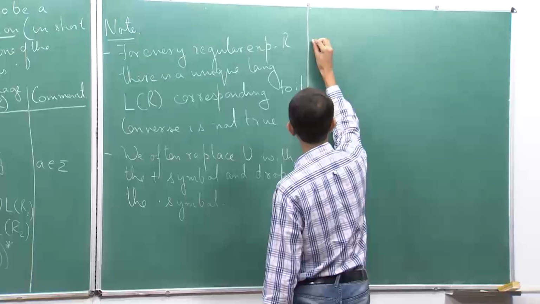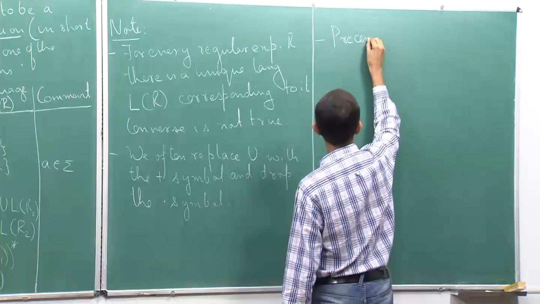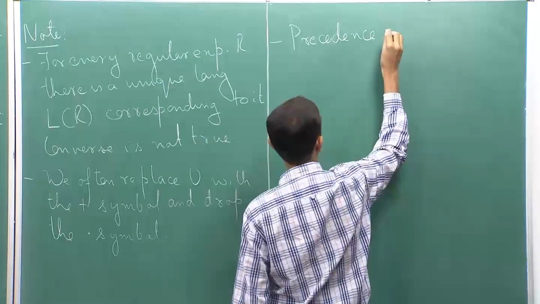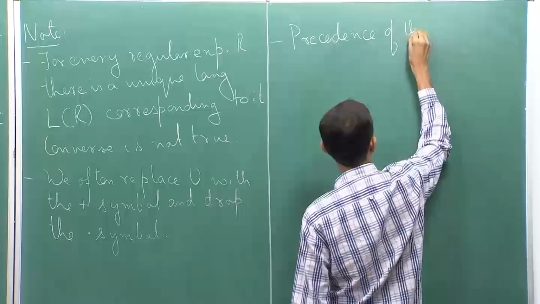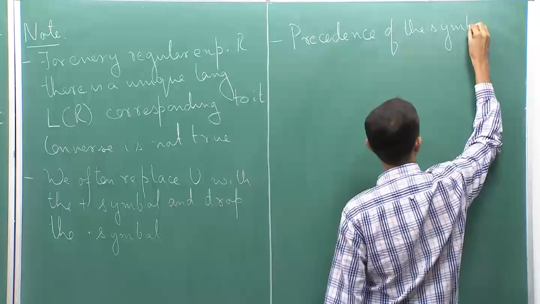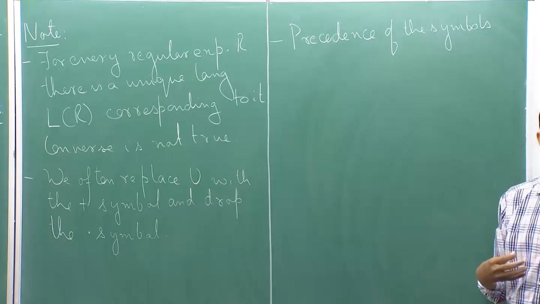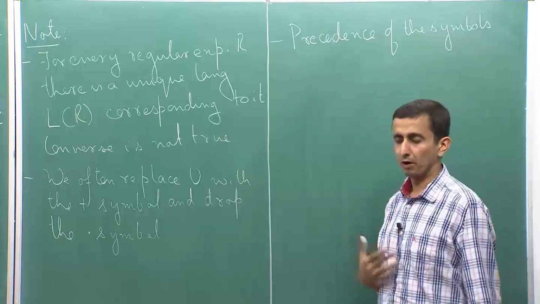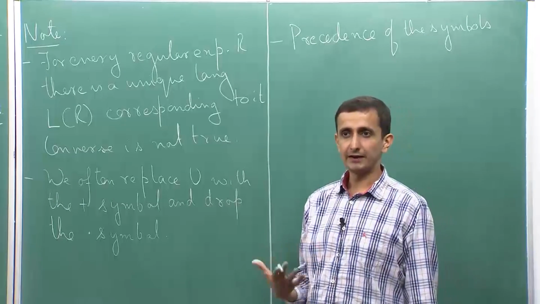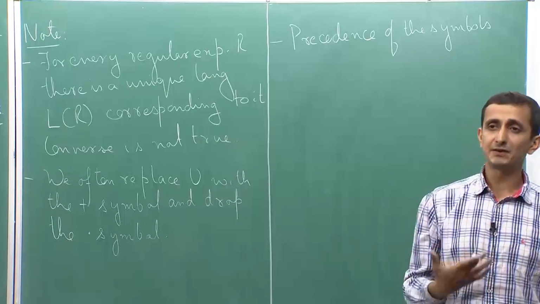The next point is very important. This is regarding the precedence of the symbol. Again, like in algebra or arithmetic, when you are working with operators like plus, multiplication, division or other operators, and you form expressions using them, it is important that you have a precedence law.